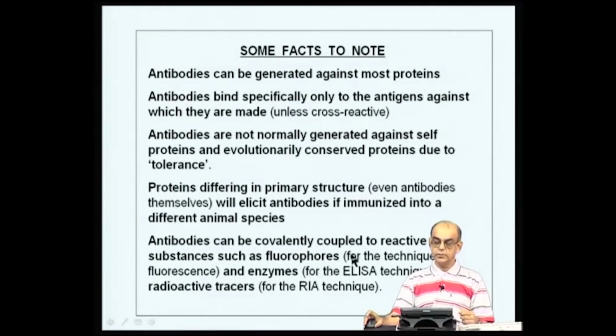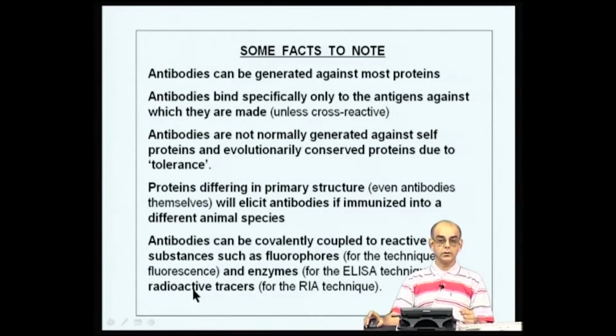This has been used in the technique of immunofluorescent tests, which are routinely used in immunodiagnostics and several other techniques. These antibodies can also be covalently coupled to enzymes that can be used to produce color. For example, the ELISA technique, or the enzyme linked immunosorbent assay technique, which uses this coupling of enzymes so that a color is produced when this particular antibody is used.